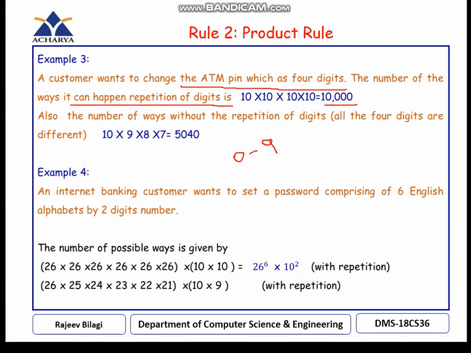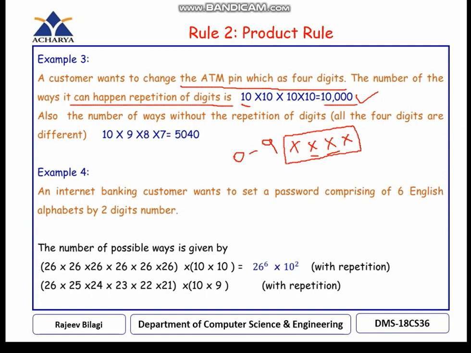Your first number can be anything between 0 to 9. The second number also can be any number between 0 to 9. The third number also, that is also 10. And the last number also can be any number between 0 to 9 since it is with repetition. So your 4-digit pin will be 10 into 10 into 10 into 10, which is 10,000.